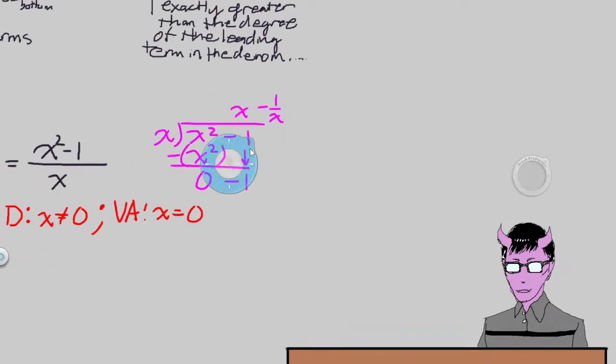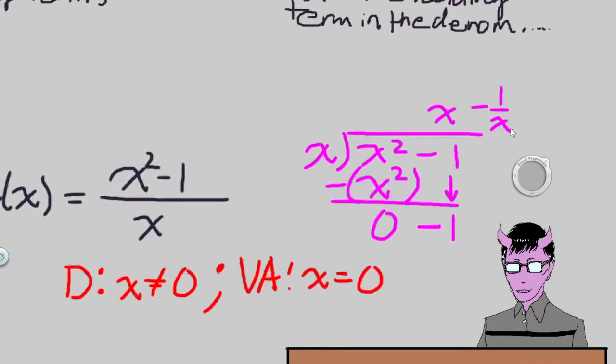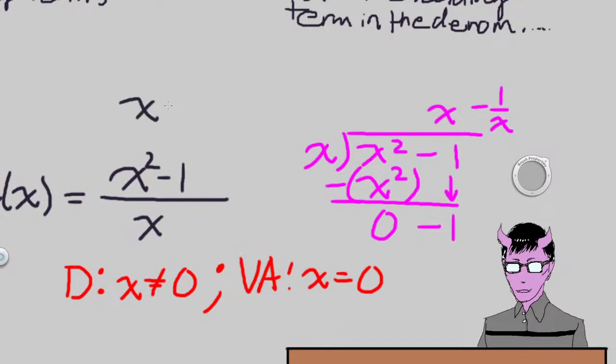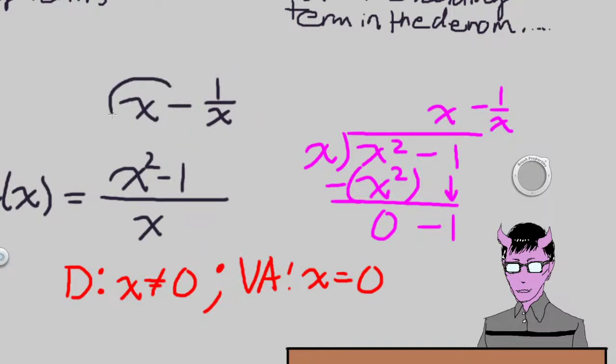So that's what we have. In essence, we've changed this form from an improper fraction into a quote unquote proper fraction. So we get x minus 1 over x. This one still gives us the vertical asymptote. What is this one doing?